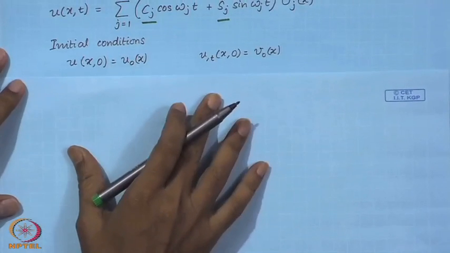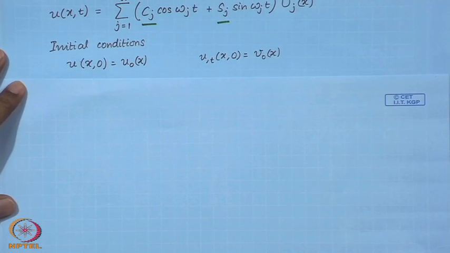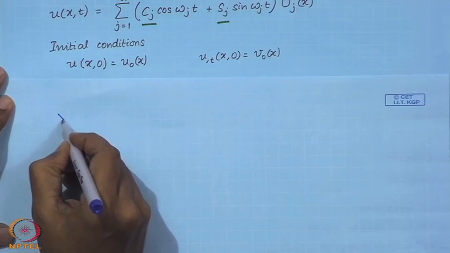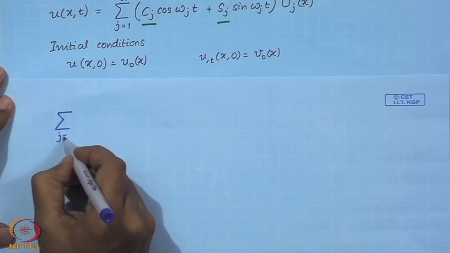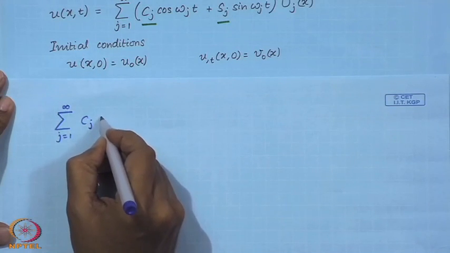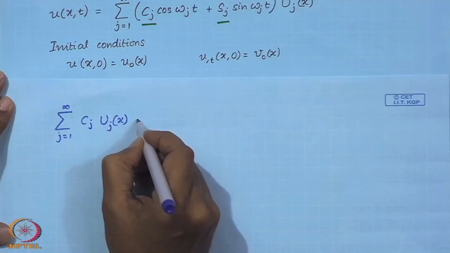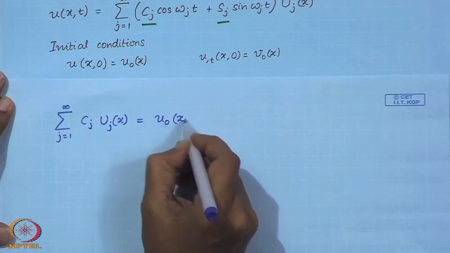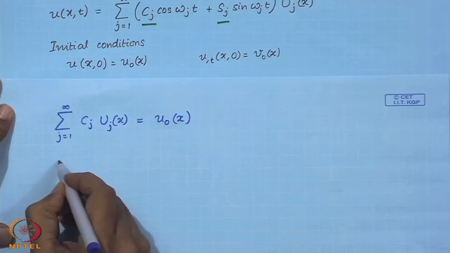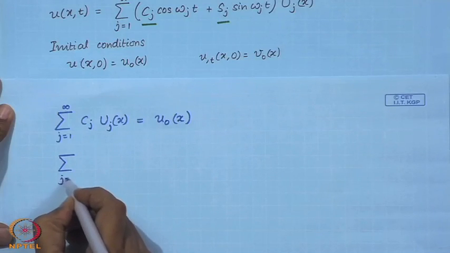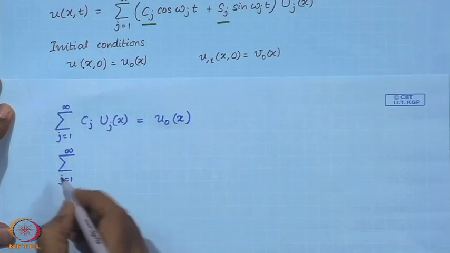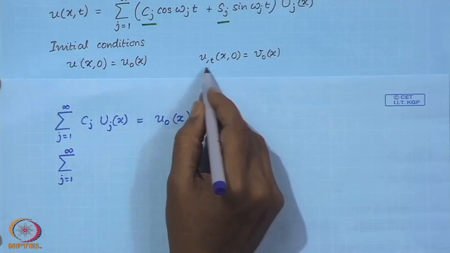So, substituting this expression in the initial conditions, so this is from the first initial condition, and from the second initial condition this.